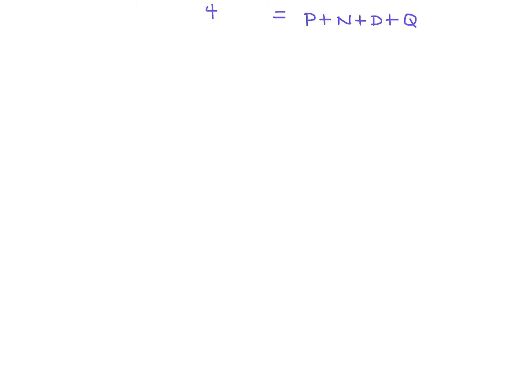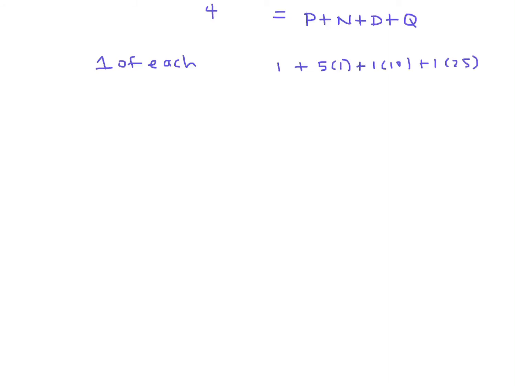That is a very helpful equation, and now we have to kind of use trial and error to figure out how many of each we have. So let's say we have one of each: 1 penny, 1 nickel, 1 dime, and 1 quarter.